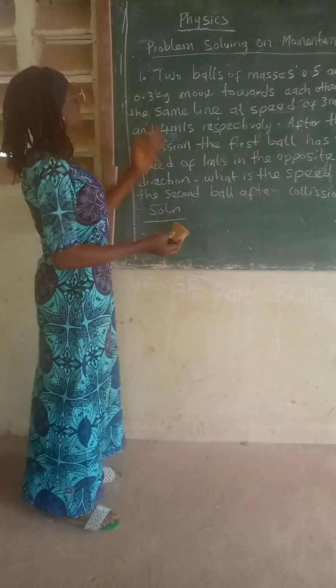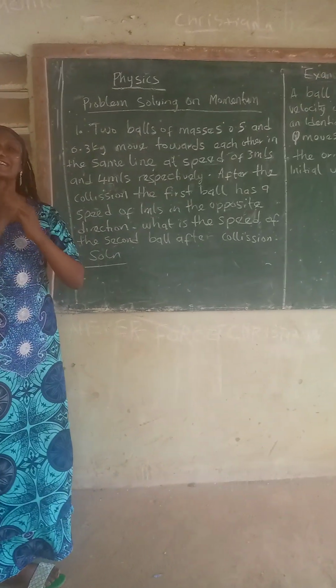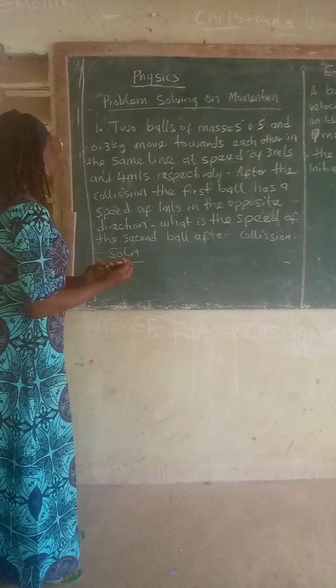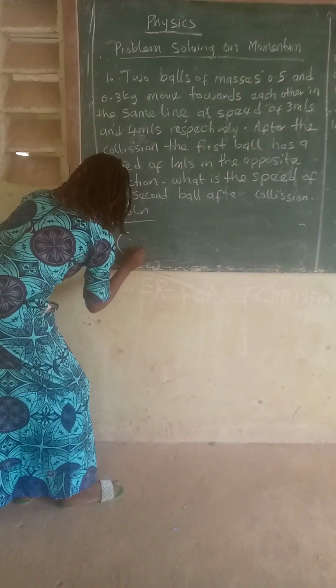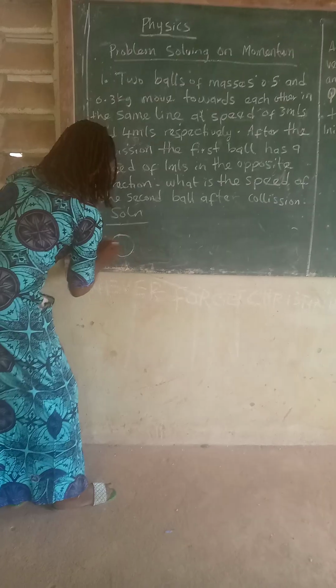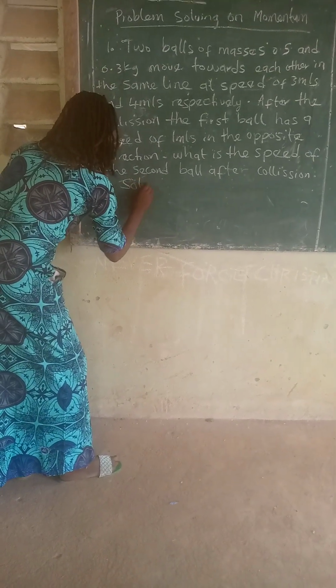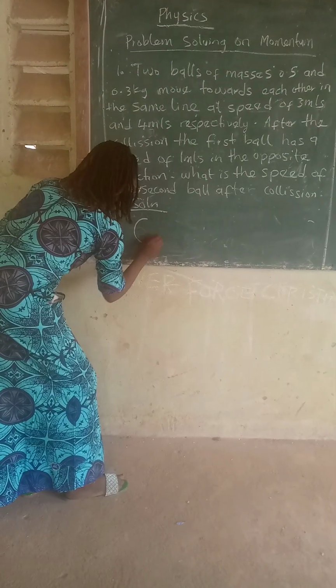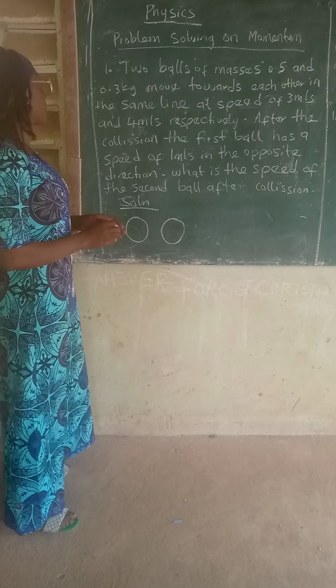Now it says two balls of masses 0.5 and 0.3 kg. Let's say these are the two balls. This is the first ball, this is the second ball. Are you following?